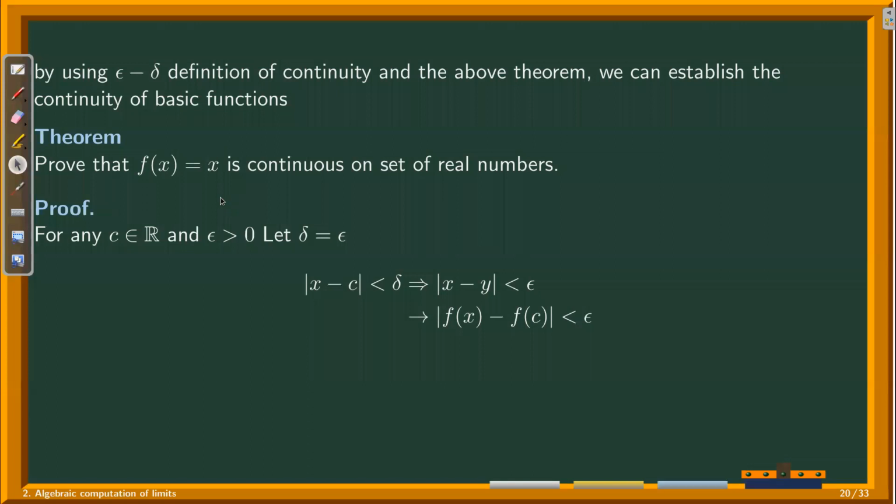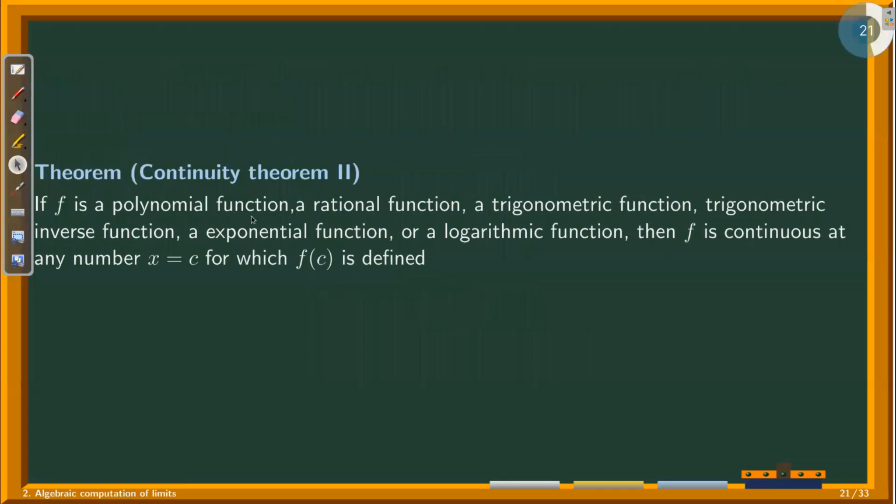So with that we can say that polynomials and rationals are continuous at all points where the function is defined. Additionally, we can say trigonometric functions, exponential and logarithm functions are continuous at any point where the function is defined.